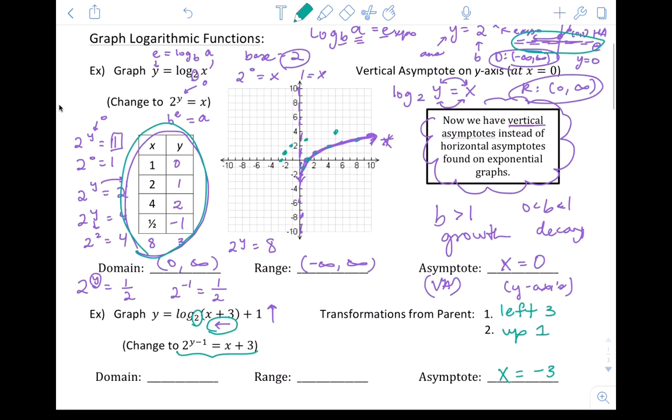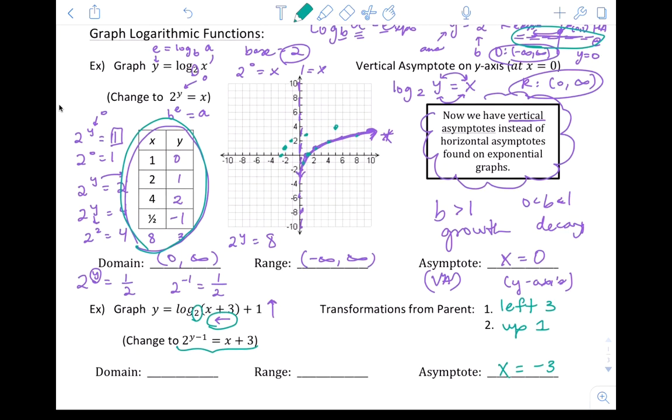But since we're dealing with a graph that's an inverse, it's not up and down that matters. It's left and right that matters. So there's a vertical asymptote at -3. And we connect our dots from left to right. There it goes. It's the purple graph, the parent function, base of 2, shifted left 3 and up 1.